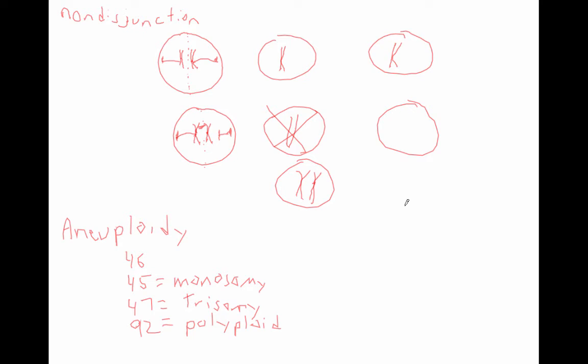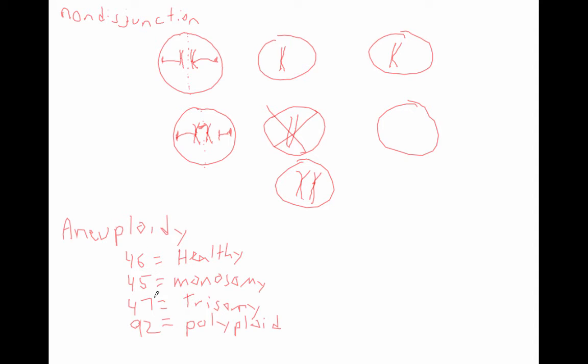So, nondisjunction, failure of the chromosomes to separate. This results in an aneuploid gamete, which will then, when fertilized, result in an aneuploid individual. Individual humans have 46 chromosomes. So we'll just say healthy. 45 chromosomes is if the individual is missing 1 chromosome, and they're called a monosomy.